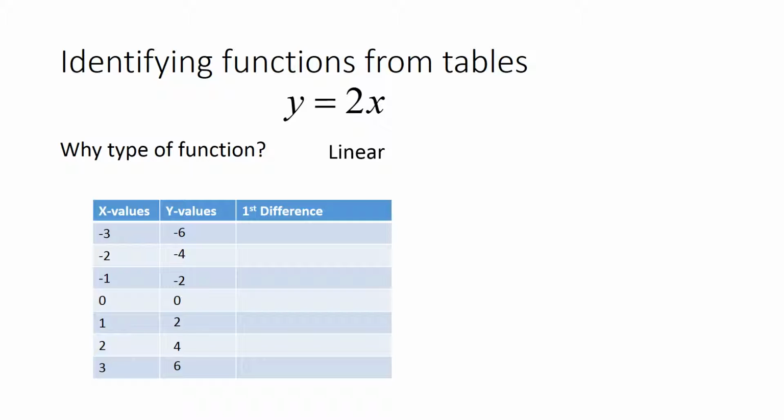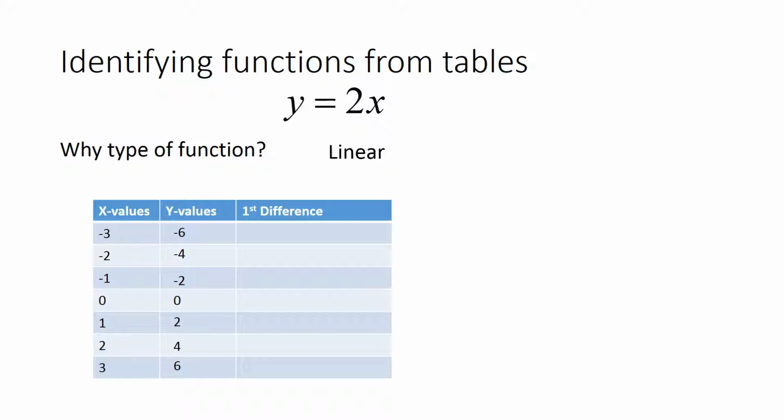If I subtract my y values, if I get the same value each time, then that makes that function linear. So in this particular case, what I'm subtracting is negative 4 minus negative 6. Why negative 4 minus negative 6? Those are my y values.